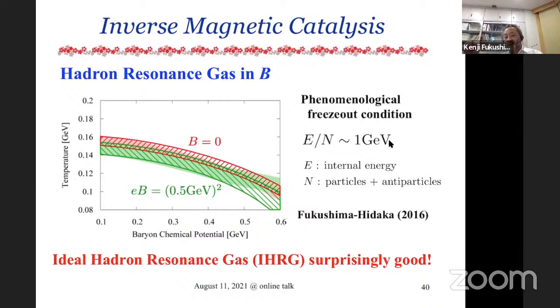And by looking at such increasing behavior of the energy density, you can read out where the phase transition should happen. And in this way, actually, you can put this very simple model in an environment at finite magnetic field, and then you can actually see the modification in the thermodynamic quantities, and that we did.